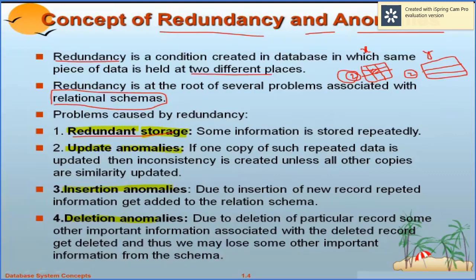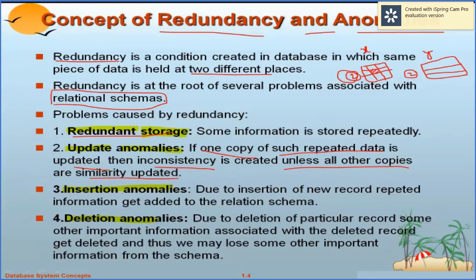So this leads to an inconsistency in the data retrieval process. So if one copy of such repeated data is updated, then inconsistency is created unless all other copies are similarly updated. So similar updation problems will happen over there.